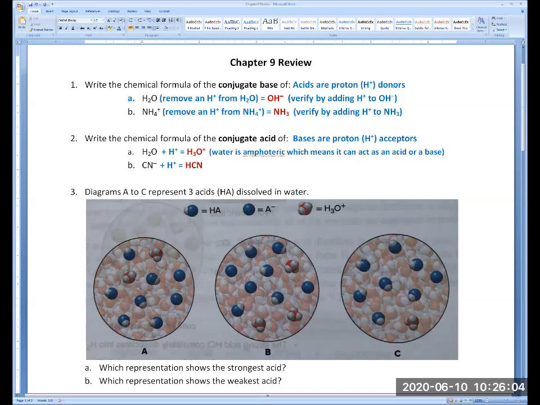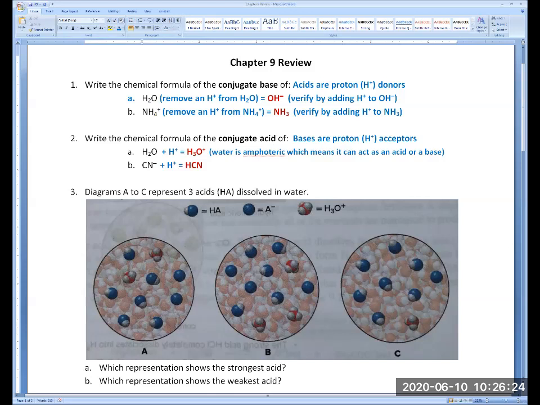So you can see that we can call, for example, water and OH minus a conjugate acid-base pair. And NH4 plus and NH3 together are a conjugate acid-base pair.